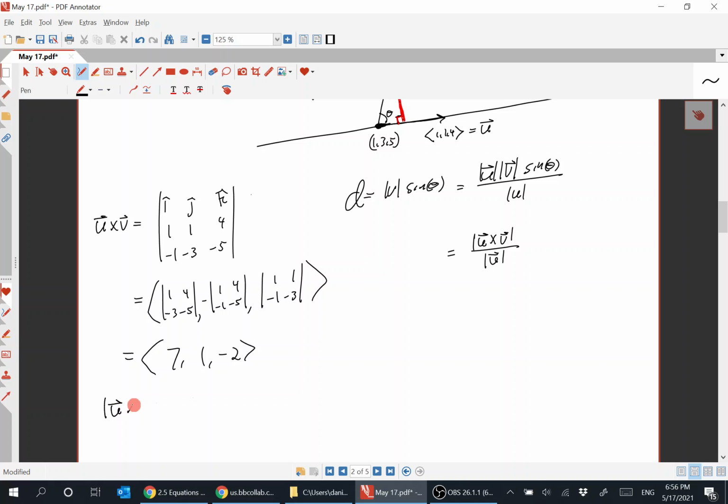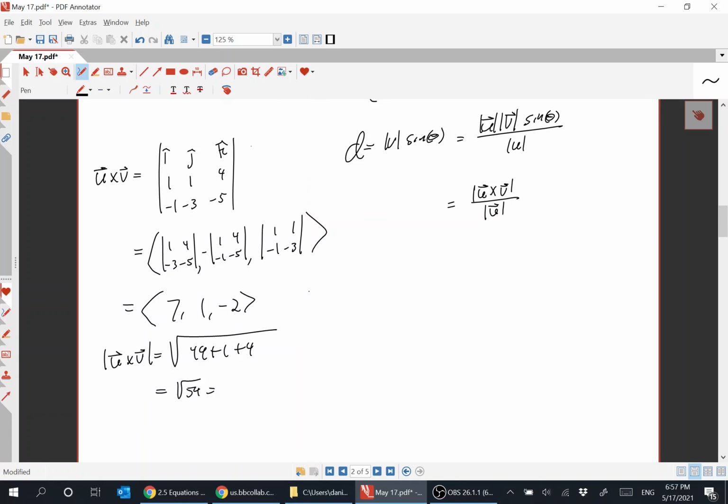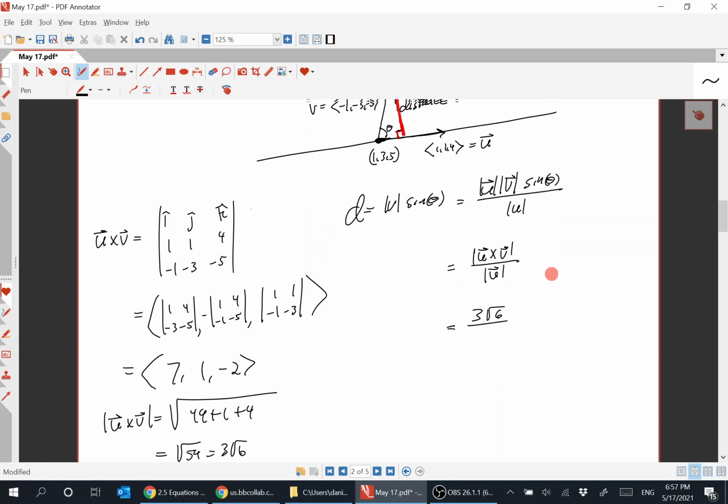So the length of u cross v is 49 plus 1 plus 4. So that's square root 54. Alright, so 54 is 9 times 6, so 3 square root 6. So the distance over here is 3 square root 6 over length of u.